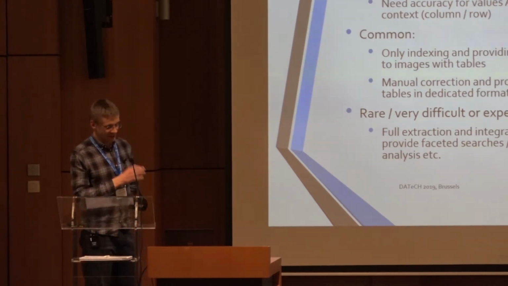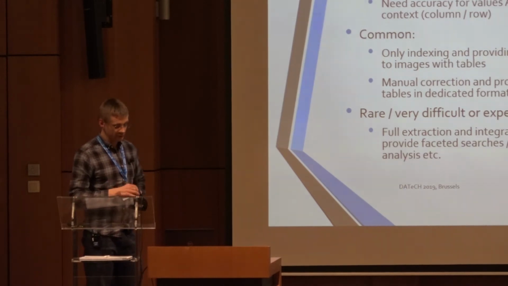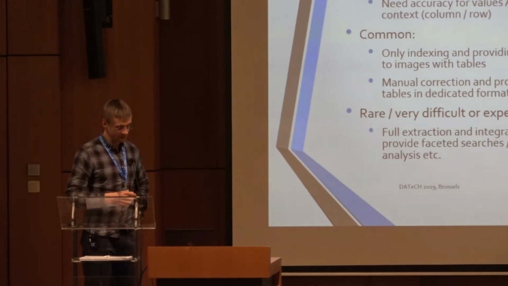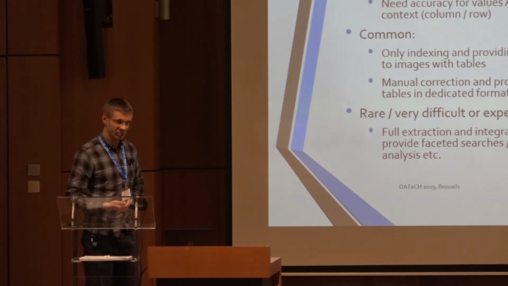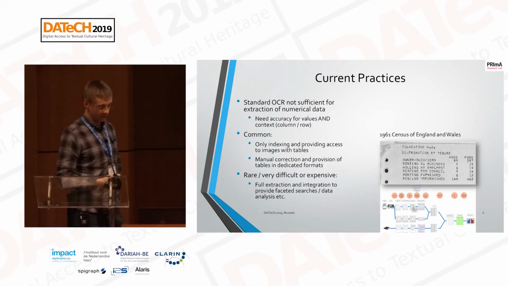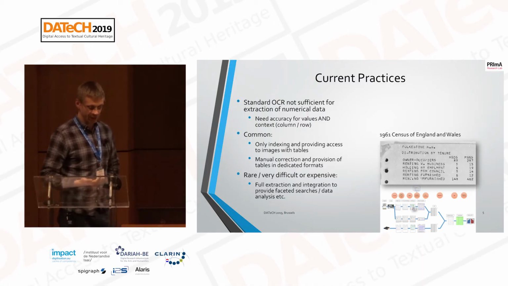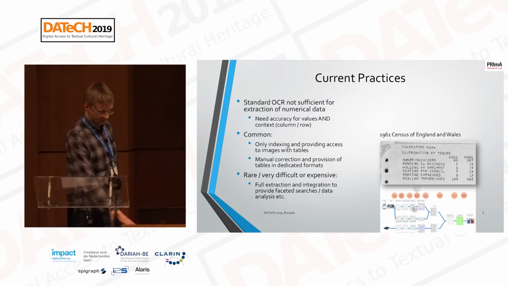What is done very rarely at the moment, because it's either super difficult or very expensive and labor intensive, is getting the full statistical information extracted from the original images. That means data you can use, in a database, integrated, where you know what it means and it's complete. That is only done in very few projects at the moment.